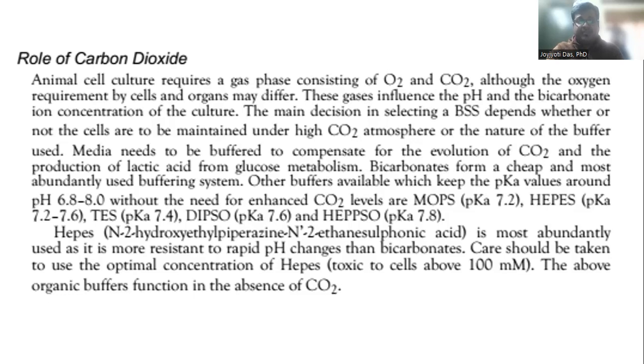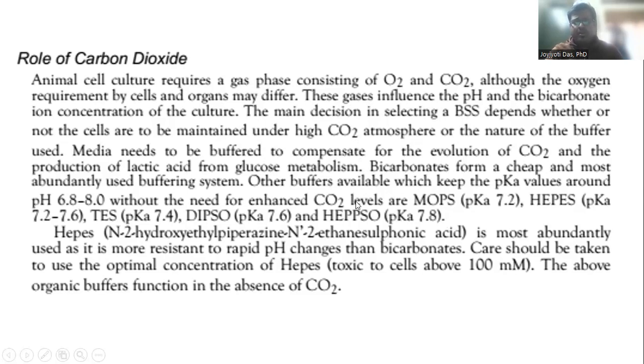So if CO2 is not added to the media, which obviously contains some other chemicals that can serve as a buffering system, in this case sodium bicarbonate, then unless CO2 is added, the buffer of the system will not be maintained at a pH of 7.4. That is why it's written here: media needs to be buffered to compensate for the evolution of carbon dioxide and the production of lactic acid from glucose metabolism. Bicarbonates form a cheap and most abundantly used buffering system.